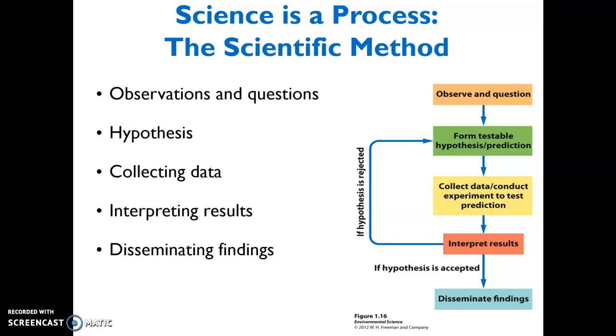Sometimes findings are disseminated in other ways, such as the local media, and that may or may not be the best way of disseminating findings.